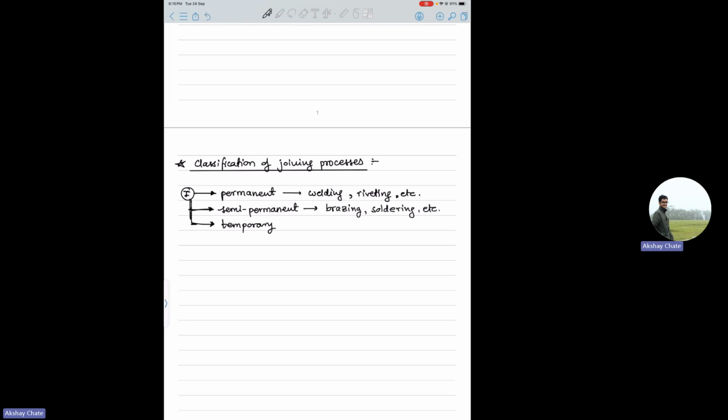Okay. And temporary, so temporary means threaded joints, and what else could be there? Rope, etc. could also be there.